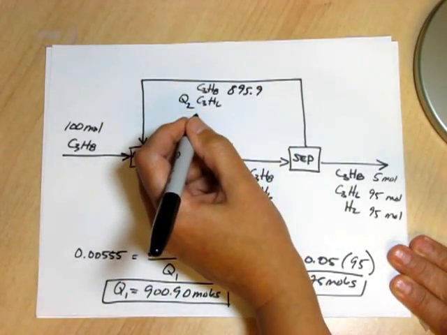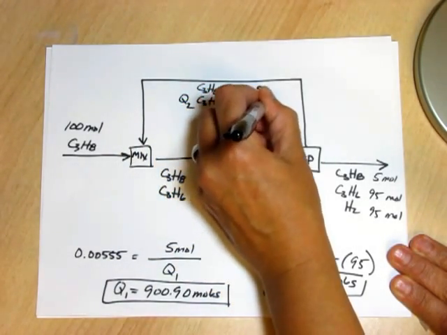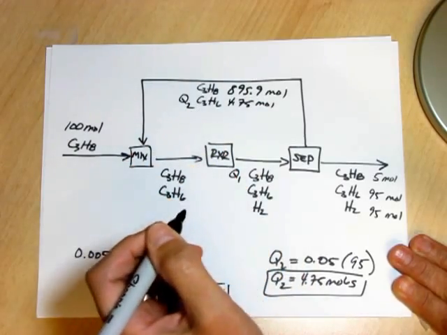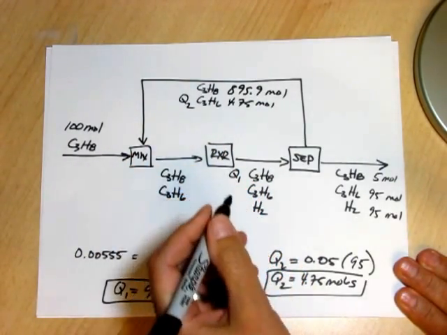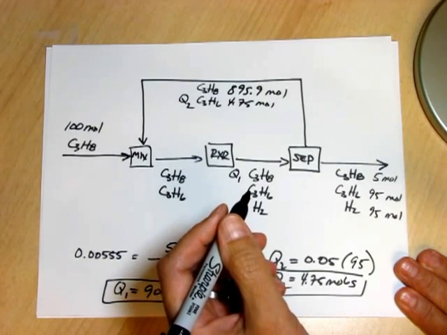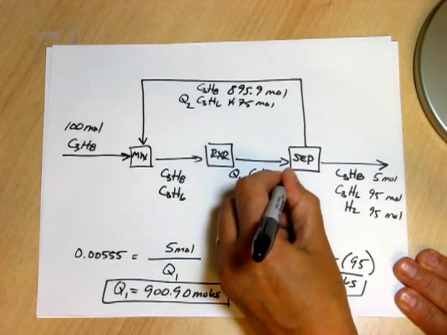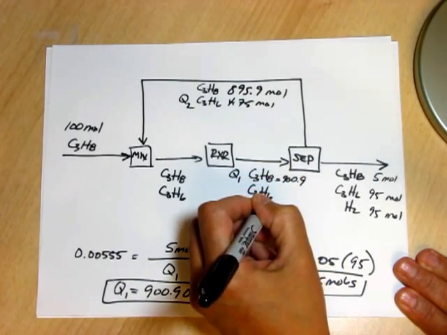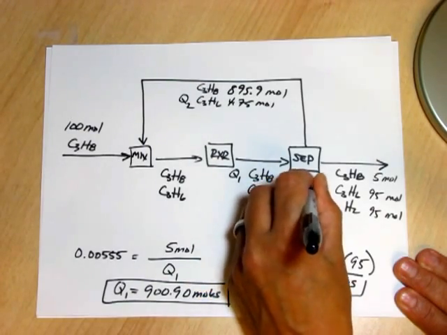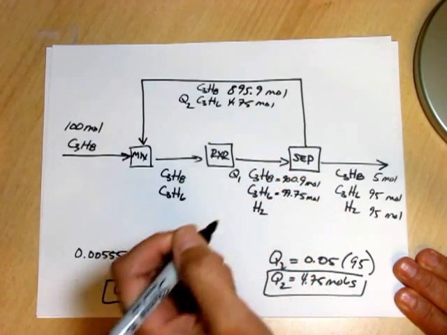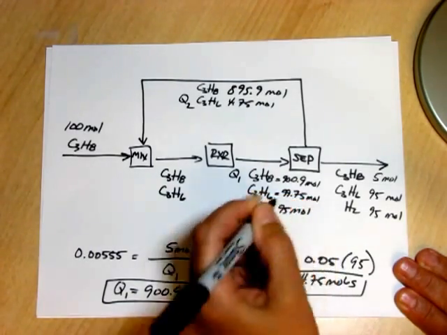The Q2 is 4.75 moles. Here the Q1 is the flow rate of the C3H8. That one is 900.9. The C3H6 is 99.75 moles. And the hydrogen is 95 moles.